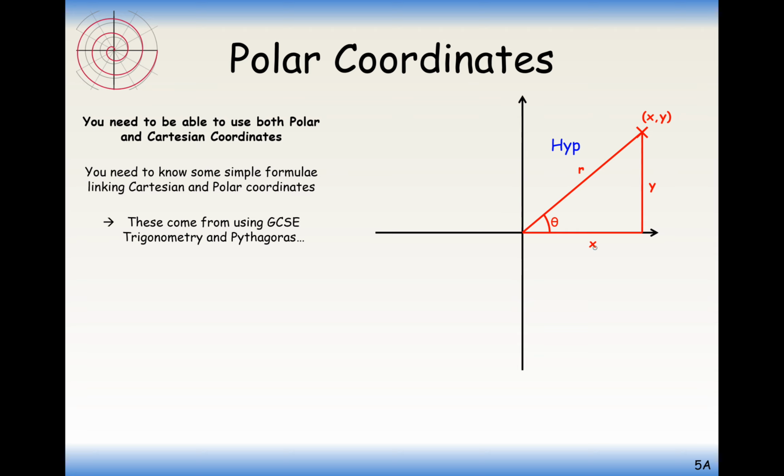Well, one way of thinking about it is that this is a right-angled triangle, and if we have adjacent equals cos times the hypotenuse, then we have x equals r cos theta. x is the adjacent side, r is the hypotenuse, theta is the angle, so we have x equals r cos theta. So important formula number 1 has just been highlighted here.